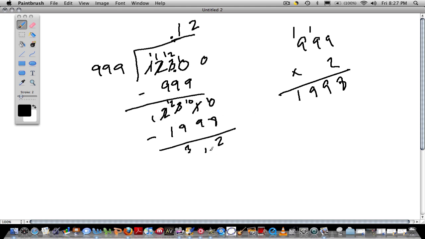Does 999 go into 312? Absolutely not. But it does go into 3120. How many times? 3. And if we kept doing this, we would find that this pattern would repeat itself. And in fact, we would have the decimal 0.123123. So what you're noticing is that you have a repeating decimal if you're never finding that this subtraction step right here gives you a remainder of 0.